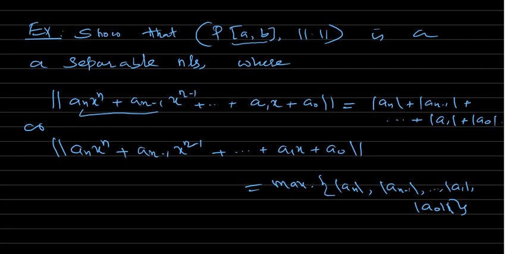So one more norm you can define here: the norm of a_n x^n + ... + a_1 x + a_0. Let's define this.